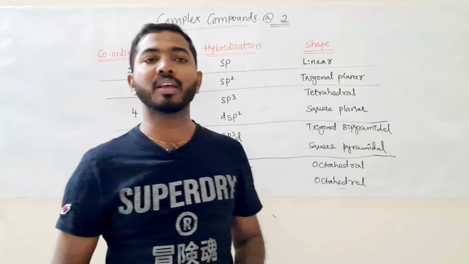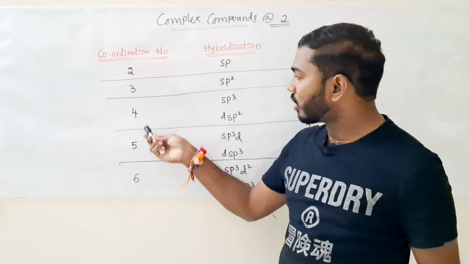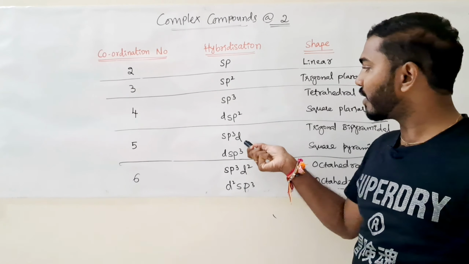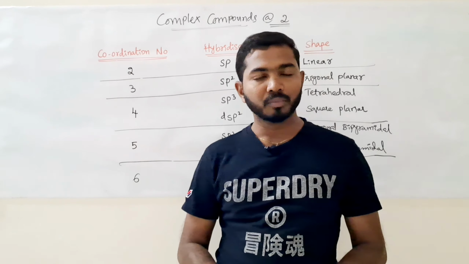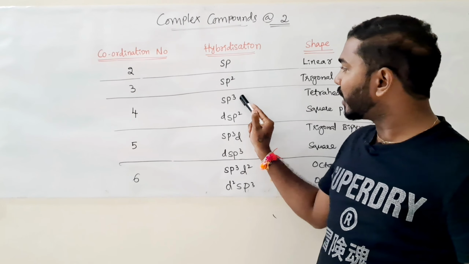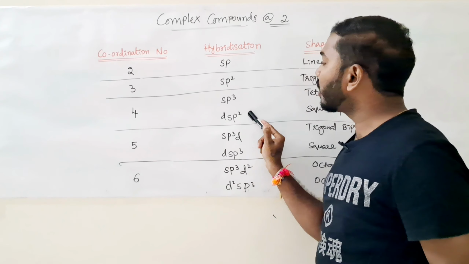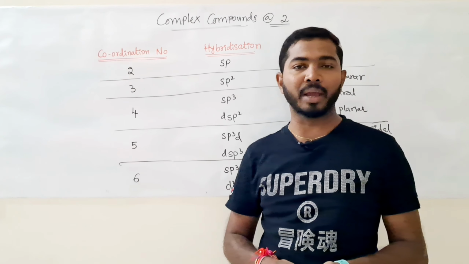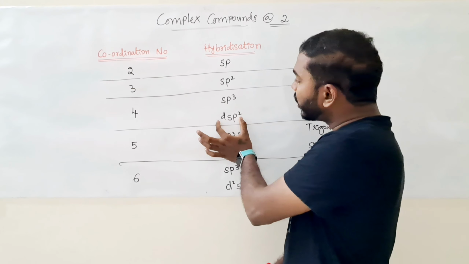In the case of coordination numbers 4, 5 and 6, in each of these three cases we have two different possible hybridizations and shapes. For coordination number 4, there is a possibility of sp3 hybridization and also dsp2 hybridization. What is the difference between sp3 and dsp2?